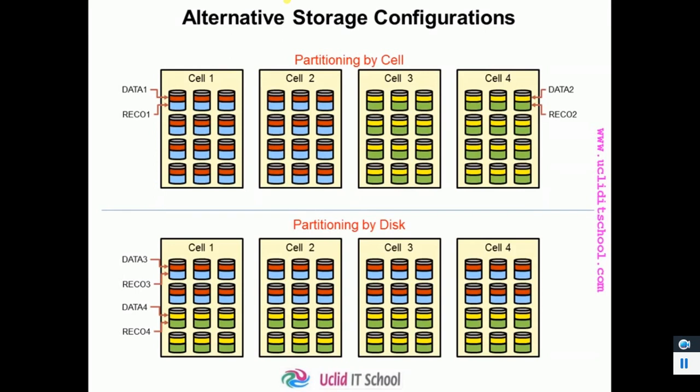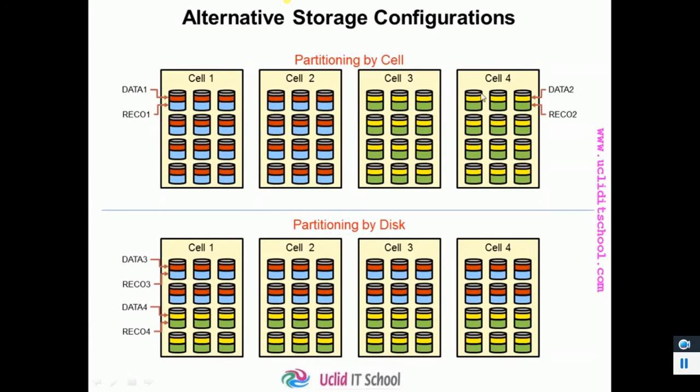But there are some alternate configurations available for storage servers, like the ones mentioned in this slide. The first one, partitioning by cell. So in this case, what we are doing is, suppose I have 4 cells, 4 storage servers. I am allocating the first 2 storage servers to one database, and creating 2 grid disks, data 1, reco 1.